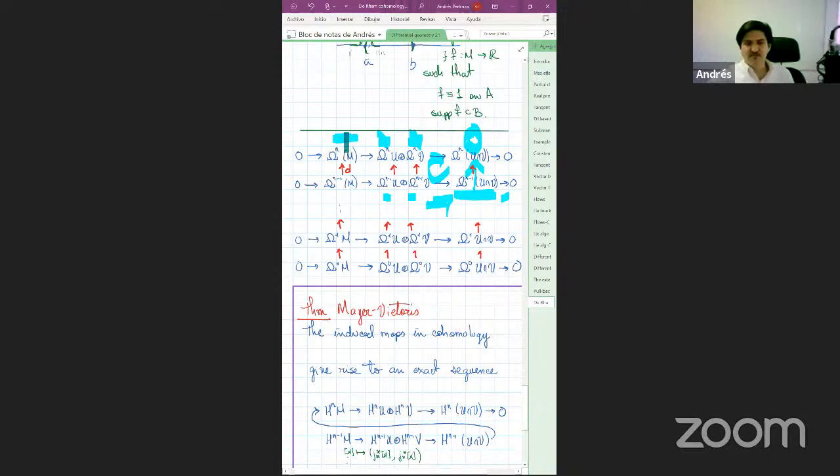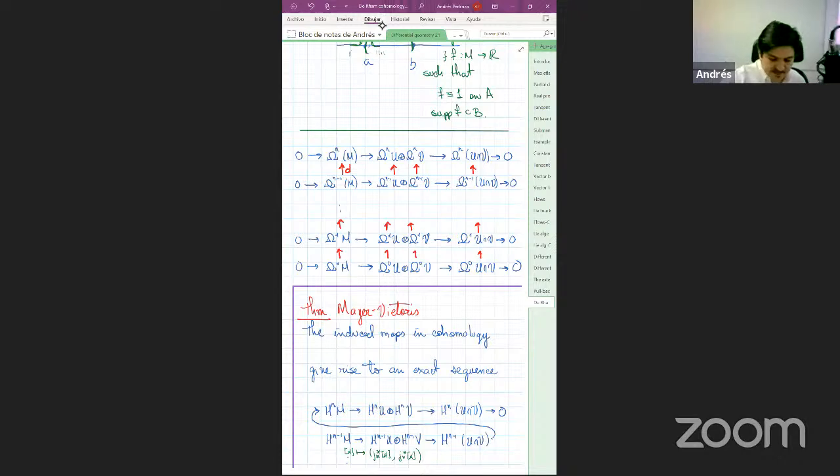And that's the corresponding element of the map. Okay, so the red arrows are fundamental. Great. Any questions or comments?